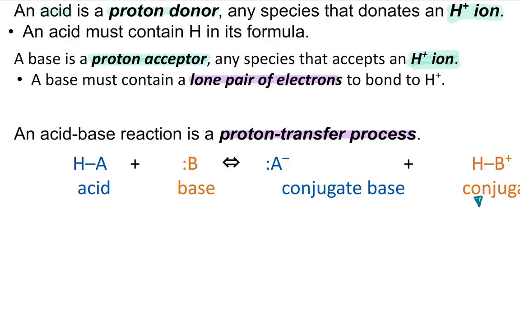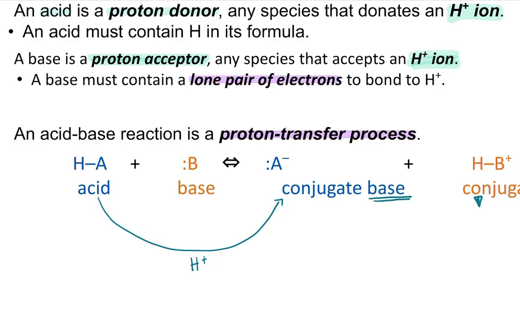Because we're looking into an equilibrium reaction for these acid-base reactions, in order to understand the forward and reverse reaction, we look at the acid, and we find what form it takes in the product and how the loss of that one proton leads to the formation of a conjugate base.